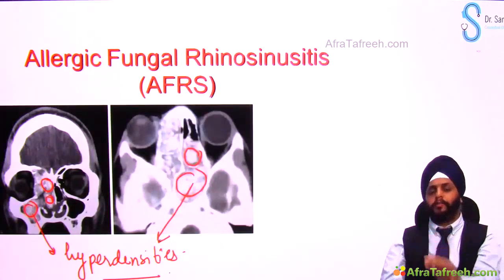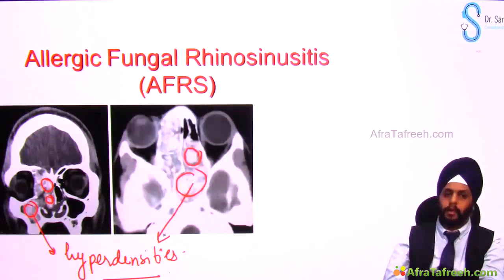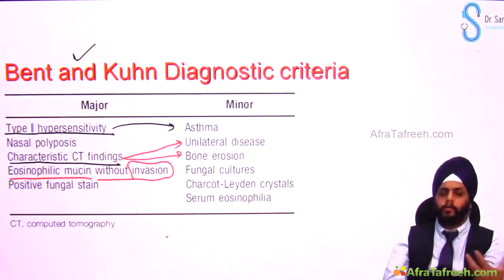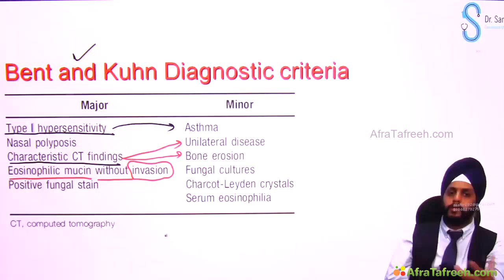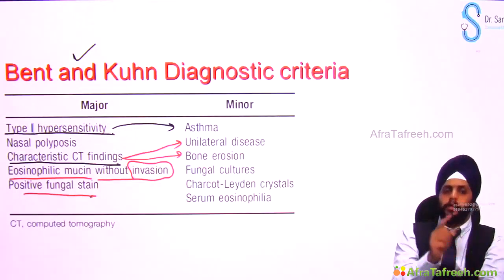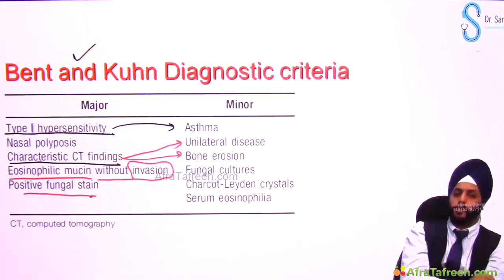It's a heterogeneous mass. This is a characteristic CT scan finding. Because it is allergic discharge, patient has a lot of eosinophil-rich secretions in the nose, and it stains positive for fungus. The secretions or the mass inside stain positive for the fungus.